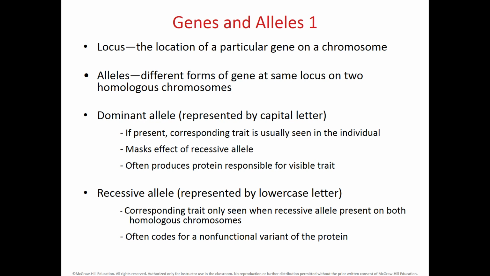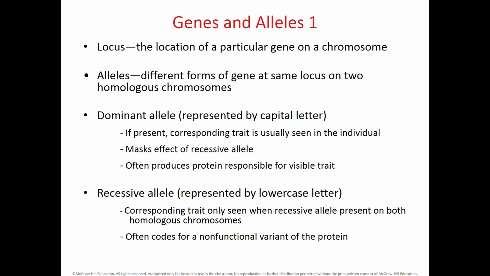So what are some examples of visible traits? By the way, a visible trait is known as phenotype, while your genetic sequence of DNA nucleotides in your genome, in your genes, is called the genotype. Some traits, for instance for hair, are curly versus straight hair.